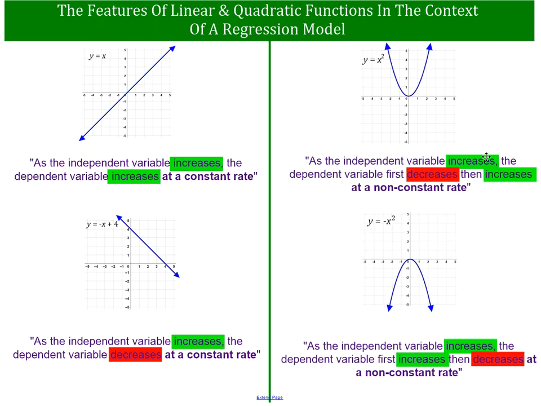Quadratic: if something increases and then decreases at a non-constant rate, or decreases then increases, and that describes something happening that you're collecting data from, you might say that it's quadratic. So if these relationships match your data, you could say linear is better, increasing or decreasing at a constant rate, or quadratic is better, because this data looks like it decreases and then increases, or increases then decreases.